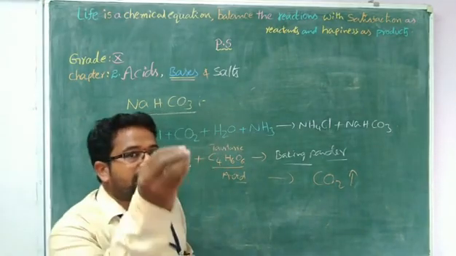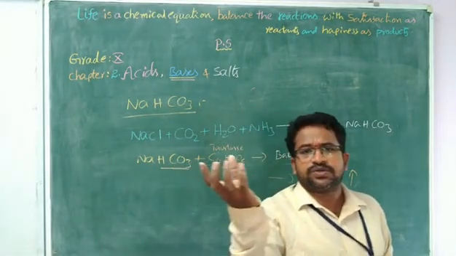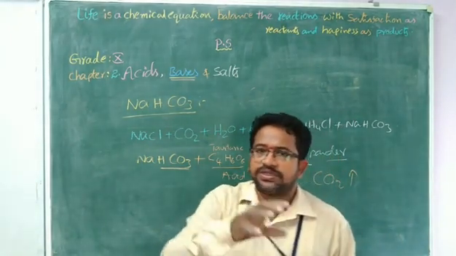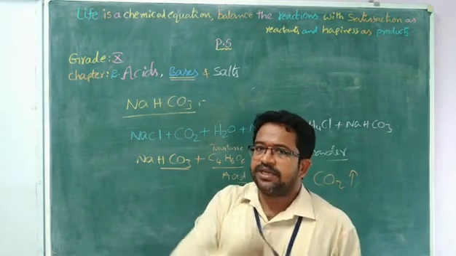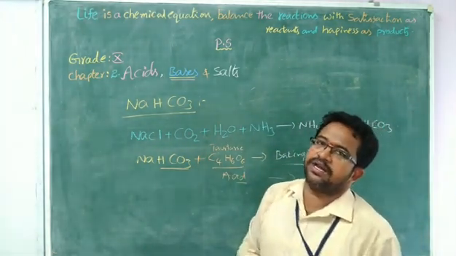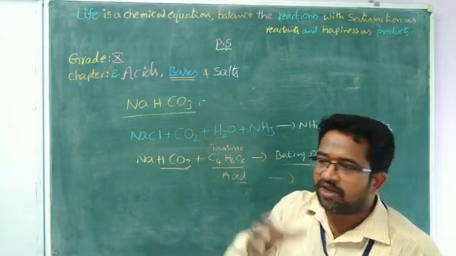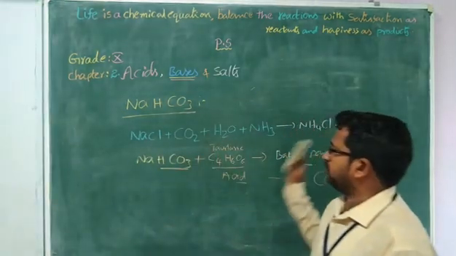Because they add baking powder, which is nothing but the combination of sodium bicarbonate, baking soda, and tartaric acid. When bicarbonates are added with acids, immediately carbon dioxide gas is released. That released carbon dioxide will make the bakery items soft and spongy.